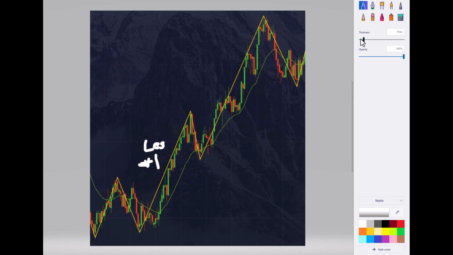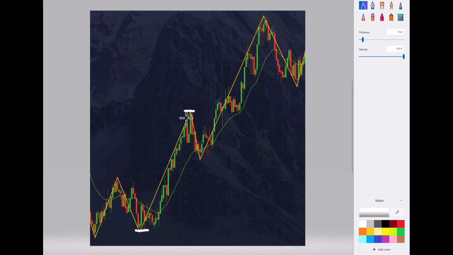What you'll find is that the concept behind a measured move is that when you get a really strong move in the market, you'll get a pullback, and then you'll get another measured move about the same distance. Now I don't have a way to measure this, but from here to here is one measurement.